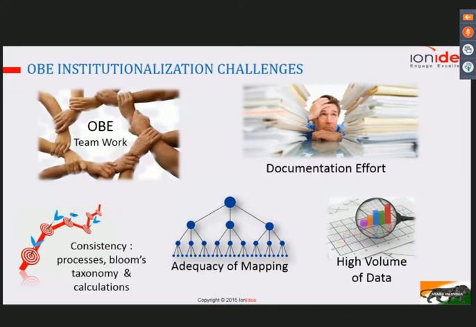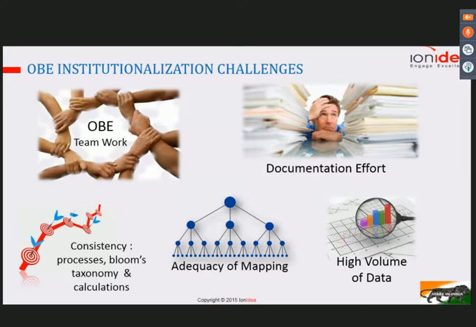So next is, what are the challenges we face when it comes to an institute? If we want to implement this OBE platform in any institute, we will be facing most of these challenges. Like teamwork. OBE requires teamwork, as we will be calculating the attainments.